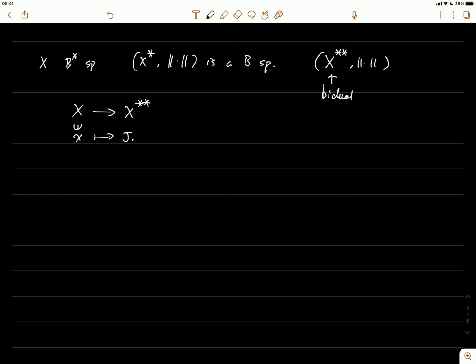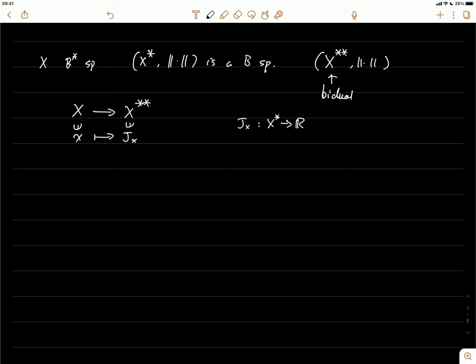So this Jx is in here, which means Jx is a bounded linear mapping from X star to R.